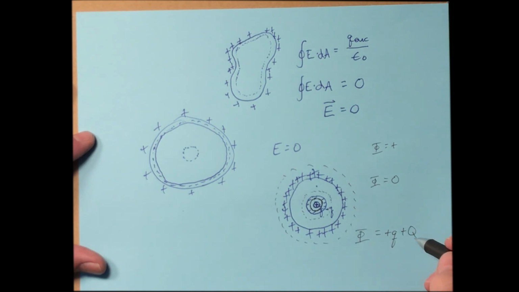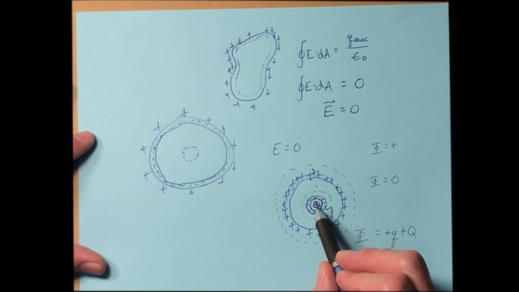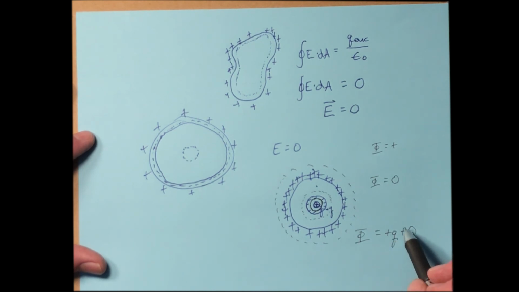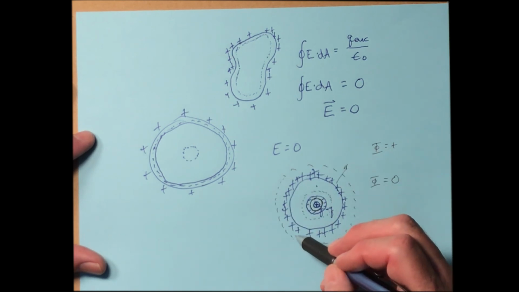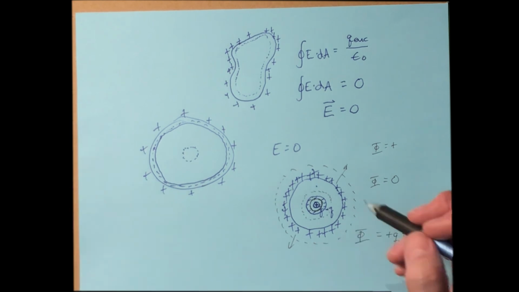Let's just say whatever was there initially was this big Q. So I've got the original charge that was there in the first place, plus this positive charge that has been induced because of the presence of that positive charge in the center. So the net enclosed charge in this case is positive, so I'm going to have electric field lines that point outward as a result of that.